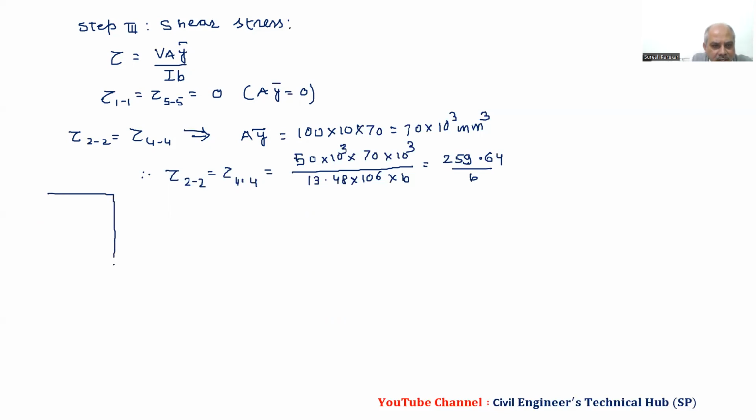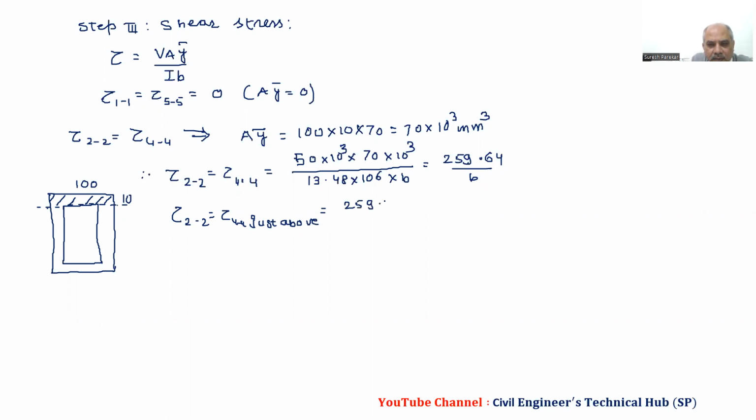Now we have two values of B. If we look at the section, one value of B just above is 100. This area we have taken: this is 100 and this is 10. So tau 2-2 and tau 4-4 just above is 259.64 upon 100, which comes to 2.59 Newton per mm square.